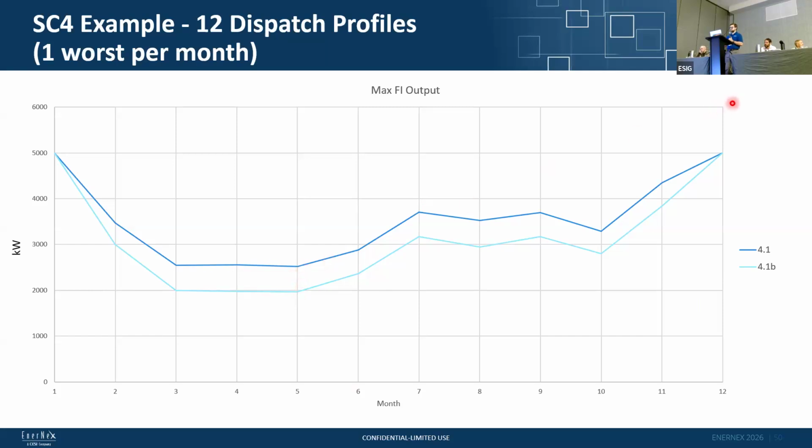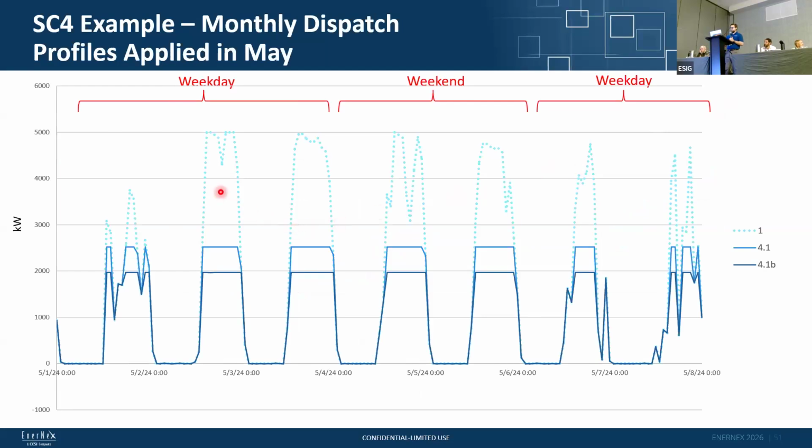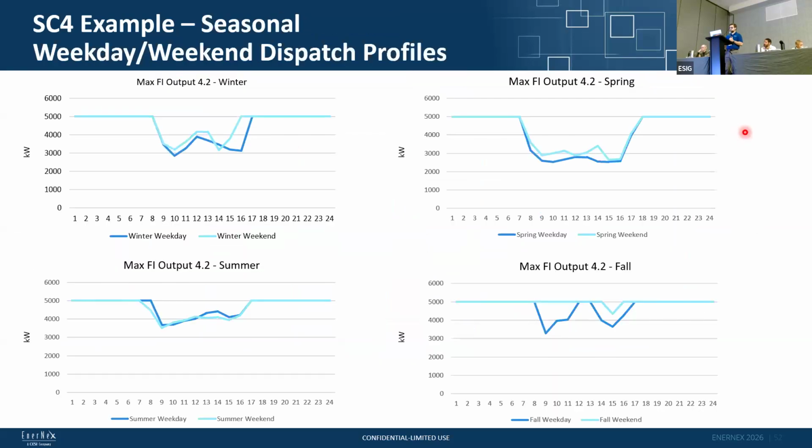And you'll see that in action here, where now you see this original dispatch, and this is the same timeline as the hourly one. You see the original dispatch, and then how does it look if the limits are applied? You can see these flat curves for the FI plant. So that's how those look for the monthly limit profiles.